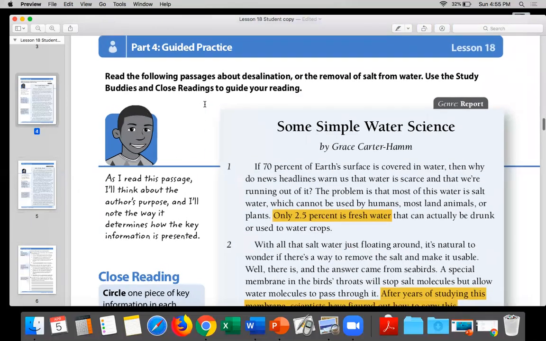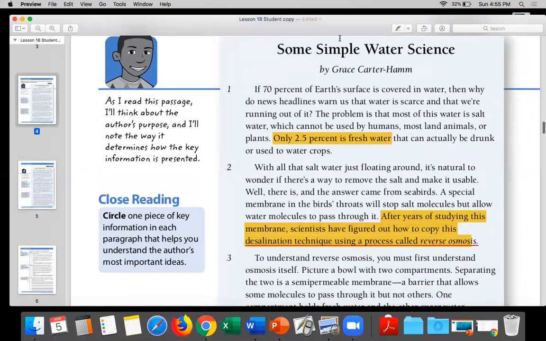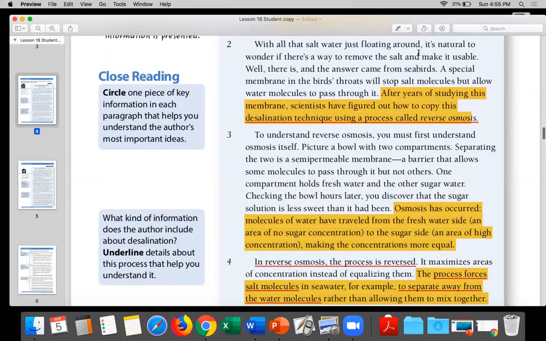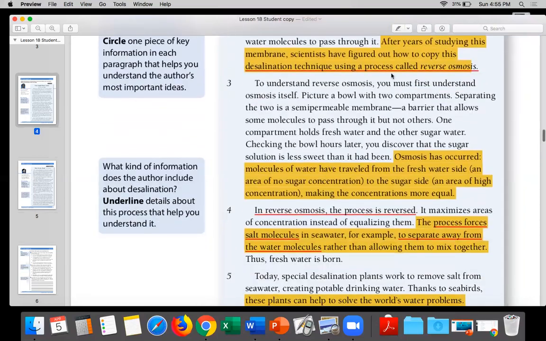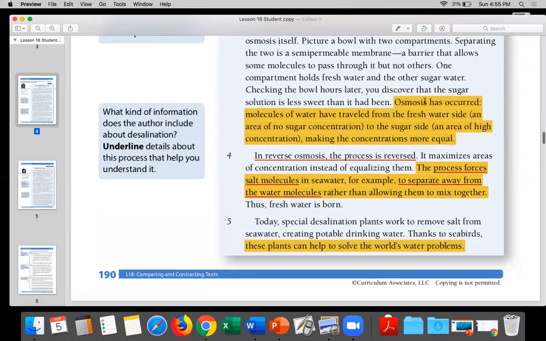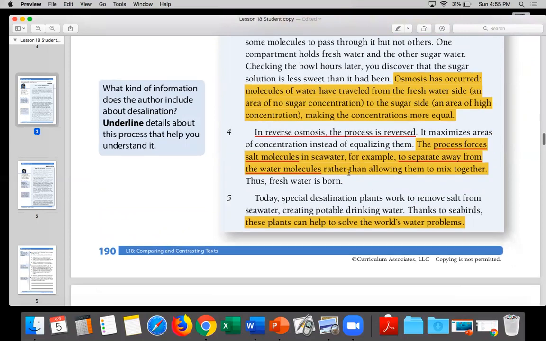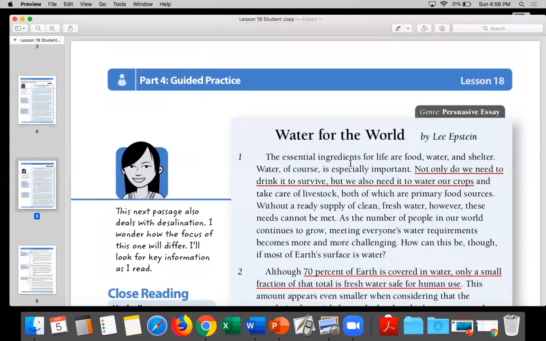Water for the World and Some Simple Water Science. So this one is talking about the science behind creating clean water from salt water, or drinkable water from salt water. And so that's why it talks about reverse osmosis, and all of the details that go in that so much. And then this one is called Water for the World.